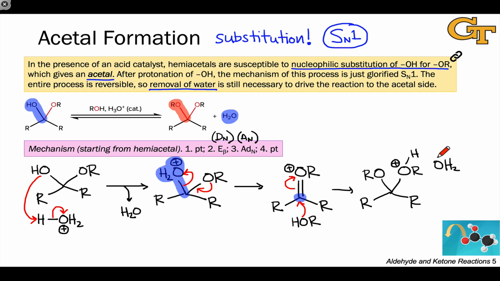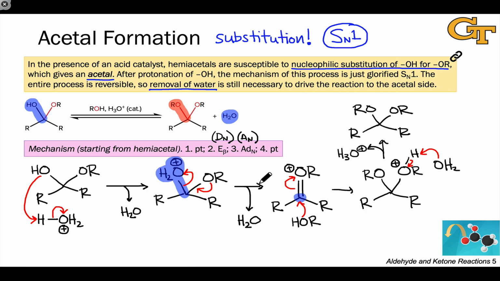Returning to the proton transfer, when we transfer that proton back to water, we've produced the neutral acetal product. Now two alkoxy groups are linked to the carbonyl carbon, and we've regenerated the catalyst, H3O+. And so notice that we lost water here as a nucleofuge in this beta elimination step. And so on the whole, the products are a molecule of water and the acetal.